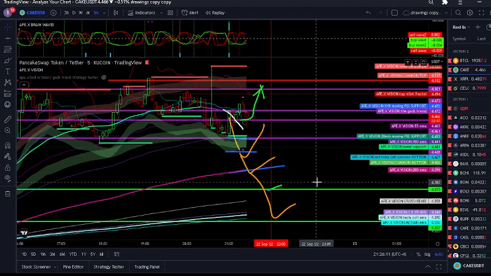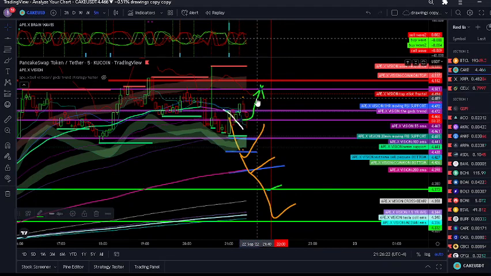This candle should be red as well. This does not look like it's gonna happen.